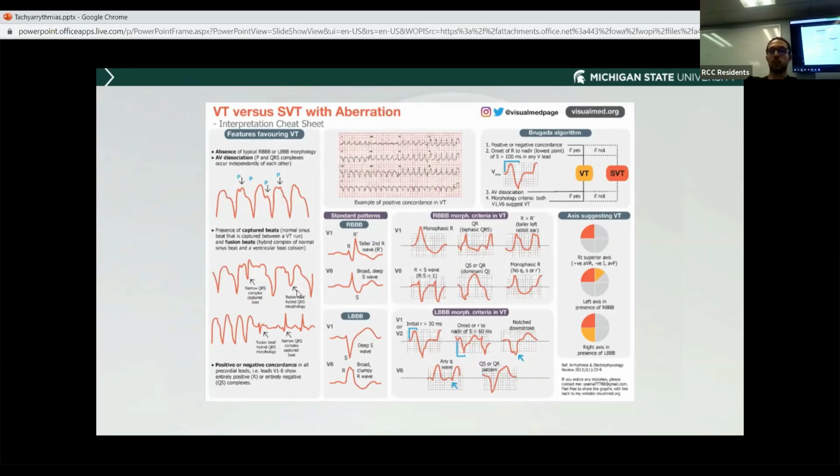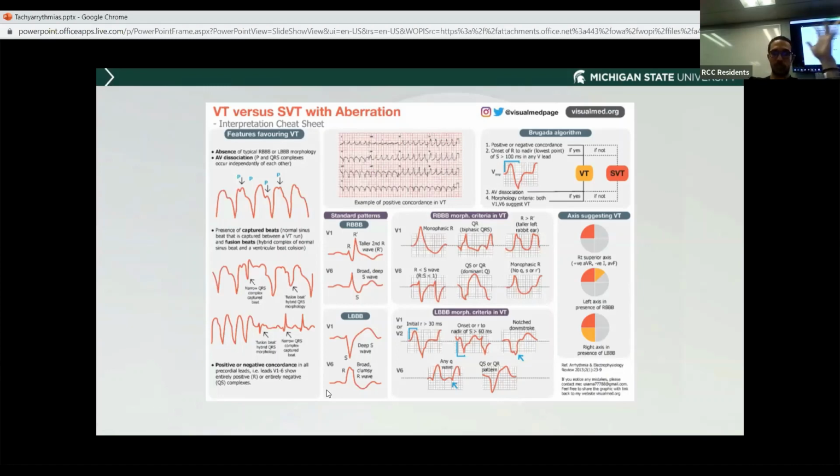And then there is something called fusion beats. You have a captured beat, but it didn't complete its full QRS, so it got fused with another one of the VTAC beats. If you have fusion beats, these are also defining for VTAC. And then morphology criteria.